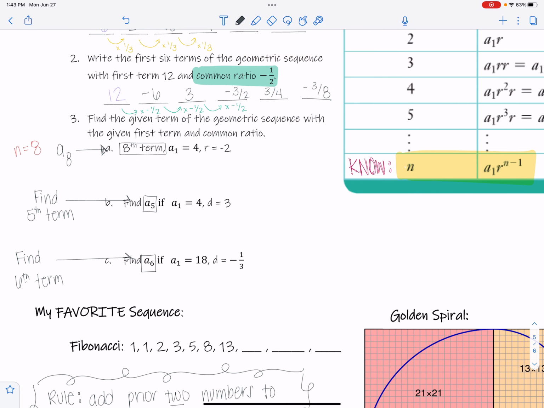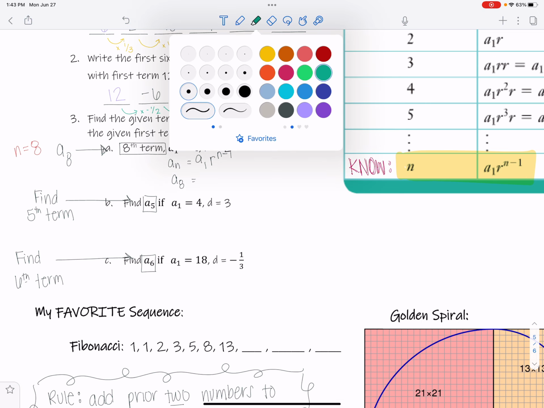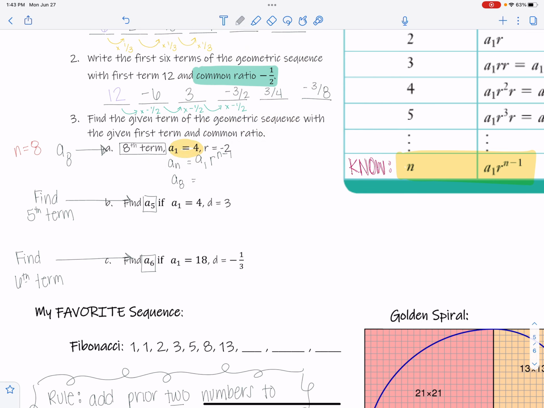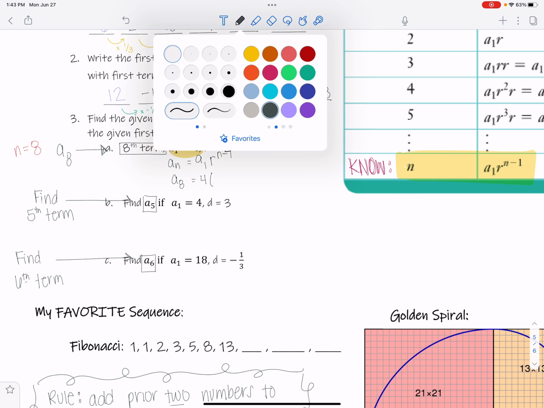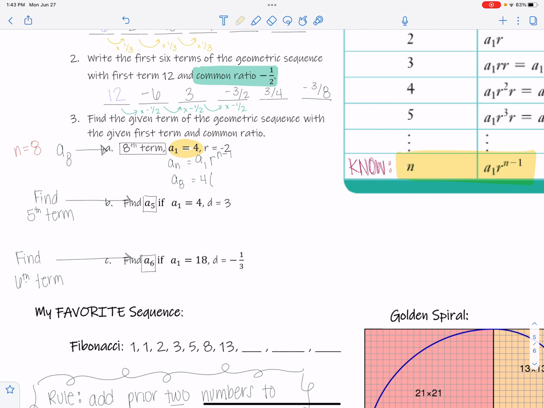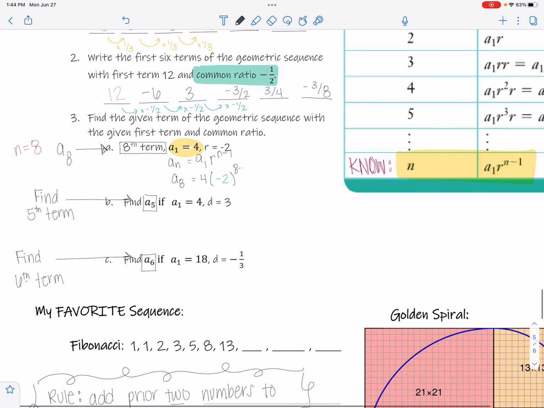The formula a1 times r to the n minus 1 equals an. In my case, I'm looking for a sub 8. a1 is 4, that's my first term, times r, the common ratio, -2, to the n, or 8 minus 1.